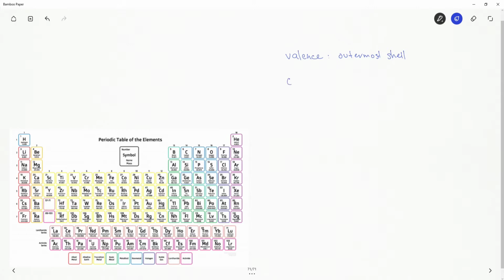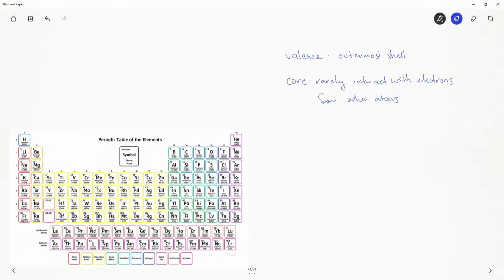Your core electrons are going to be closer to the nucleus, and they very rarely interact with other electrons from other atoms. So we are less concerned with how many core electrons an atom has and much more concerned with how many valence electrons an atom has.